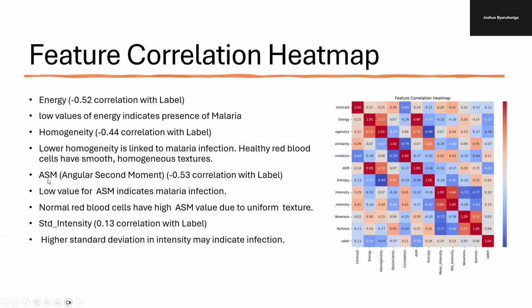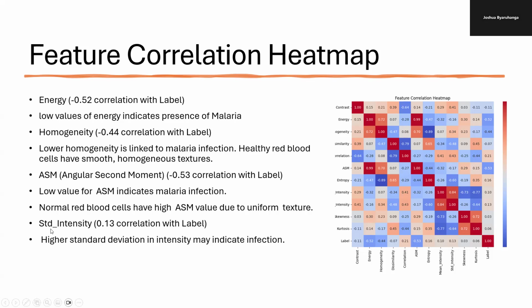Then the angular second moment value is also 0.53, which is negative. This also represents presence of affected malaria cells. A high value would indicate that these cells are very normal.